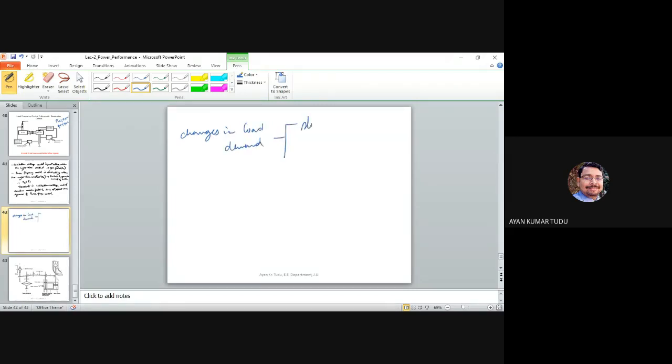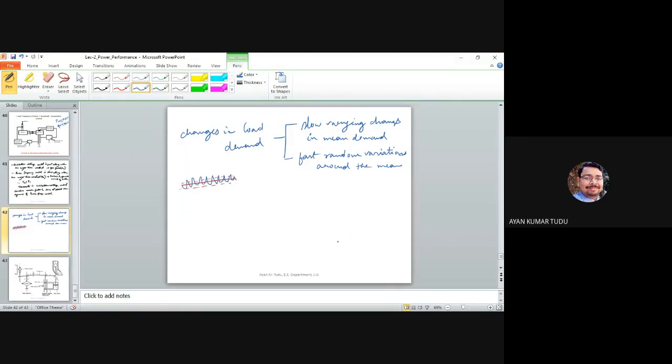Number one, it may be slow varying changes in mean demand, or it may be fast random variations around the mean. So if we consider this as our mean demand, this mean demand can be changing, that is our slow varying changes, whereas around the mean there may be fast random variations.